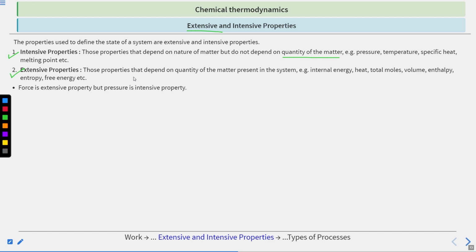Those properties depend on the quantity of matter present in the system, not the nature of the matter. For example, internal energy, heat, total moles, volume, enthalpy, entropy, phase change, etc. Force is an extensive property, but pressure is an intensive property.